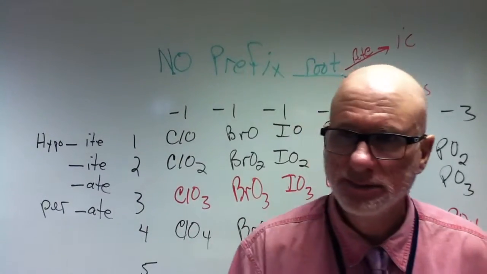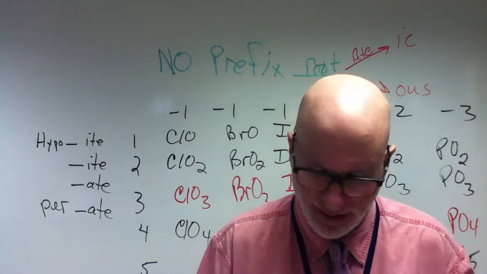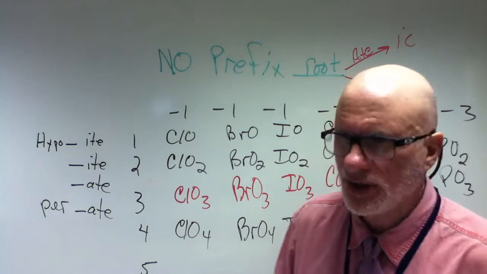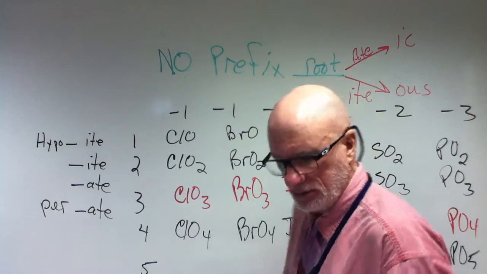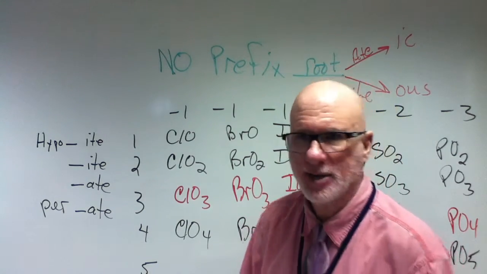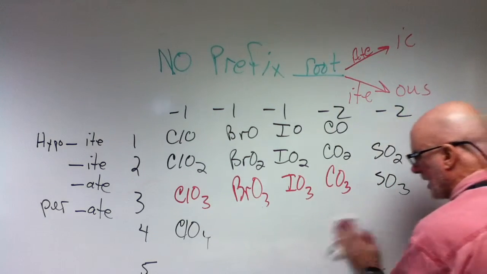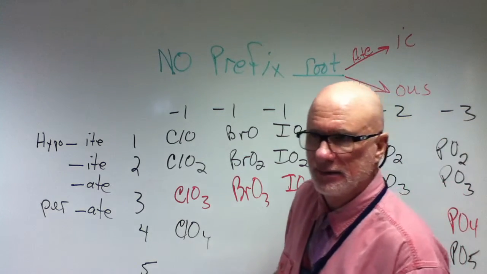Nothing else. Now there are some exceptions, just because there's a clash between the classical and the IUPAC naming. If the polyatomic ion is -ide, it becomes -ic.